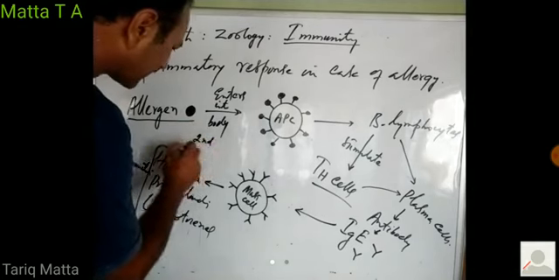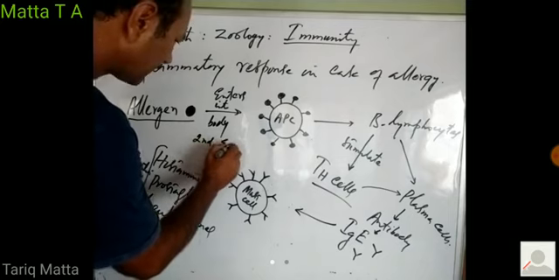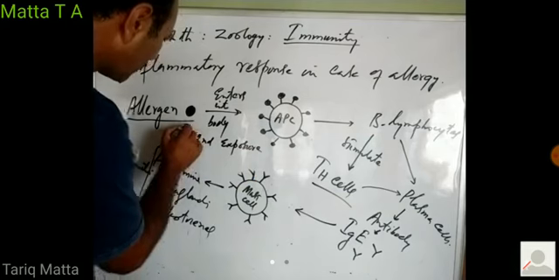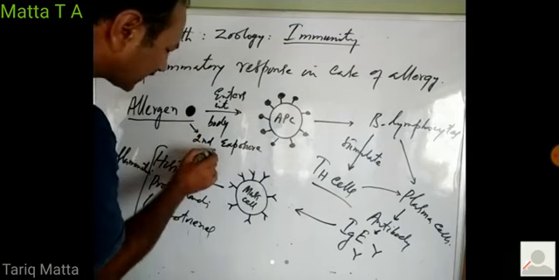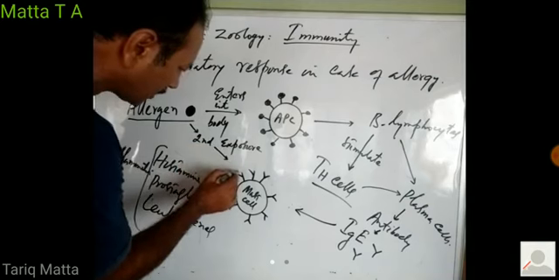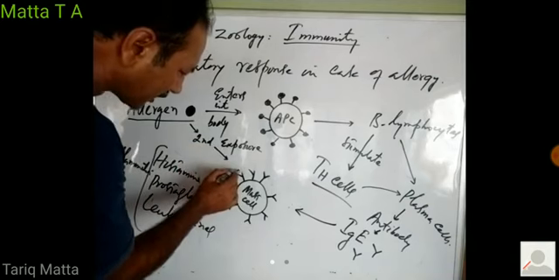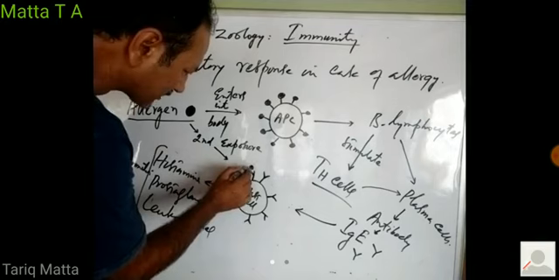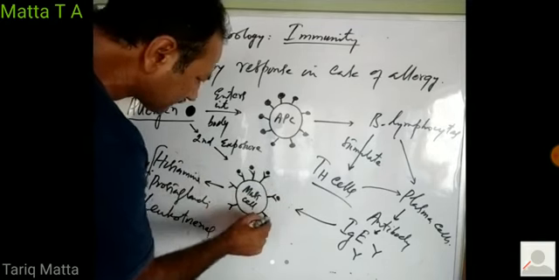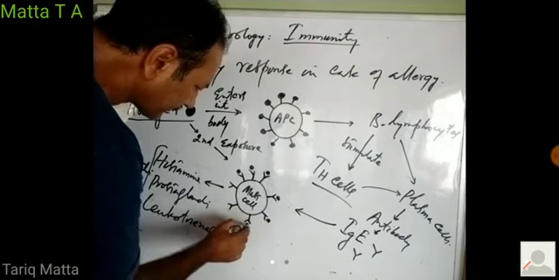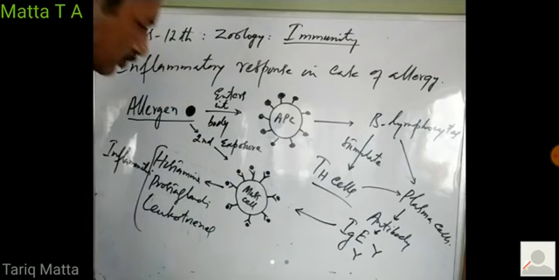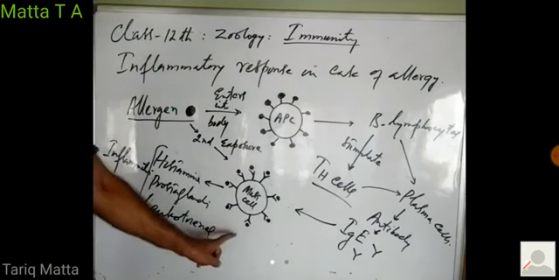When a person is exposed for the second time to the same allergen, this allergen now directly binds to the mast cell antibody complex. Now the allergen directly binds to immunoglobulin E on the mast cells.